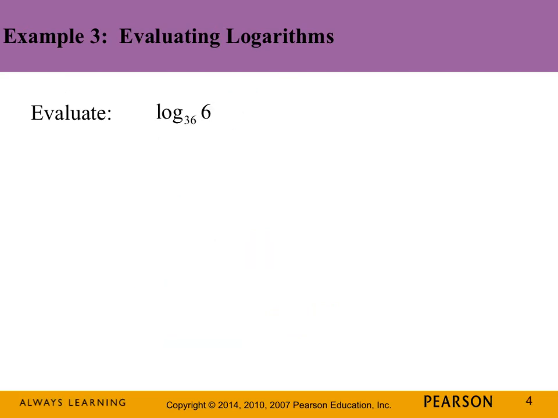Okay, next we've got log base 36 of 6 equals, and let's use z this time. So if I rewrite this in exponential form, that would be 36 to the z power equals 6. Well, let's see. I know 6 is the square root of 36. So now you're on to something.